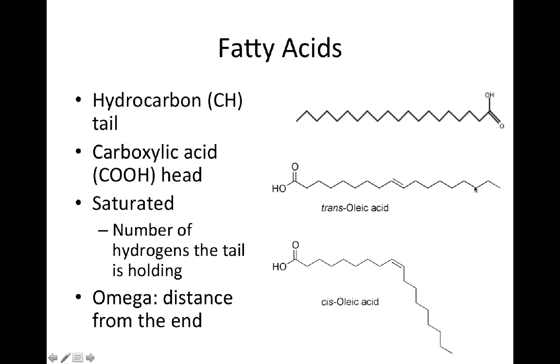It would have a double bond here, so it would be unsaturated in this regard. But because this is just a regular bond, you keep counting: 1, 2, 3, 4, 5, 6, 7, 8, 9. So this is an omega-9 fatty acid.